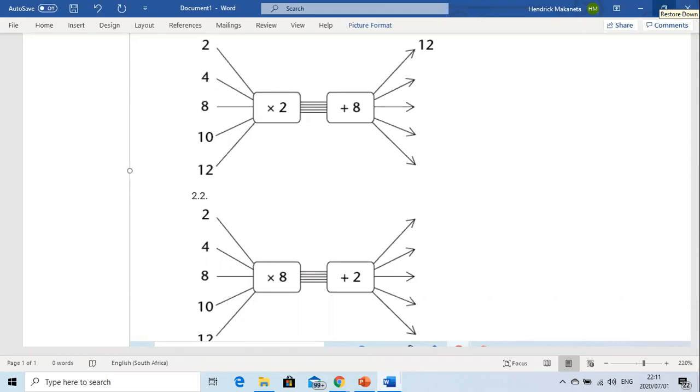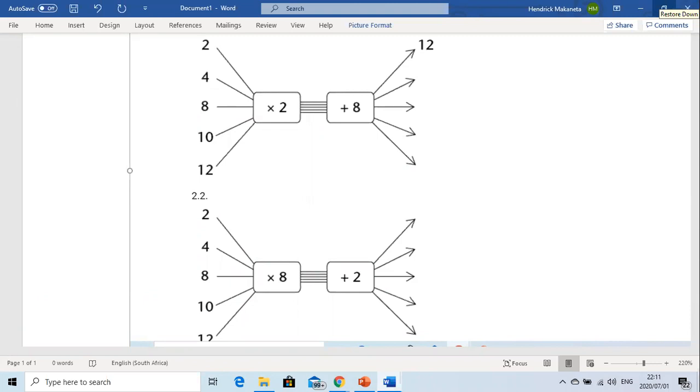Onkabetse has done now the third one, where she found 66. 8 times 8 is 64, and 64 plus 2 is 66. Thank you very much, Onkabetse. I see Onkabetse has also done the next one. 10 times 8 is 80, plus 2 is 82. So Onkabetse got 82, together with Tando, there is 92.